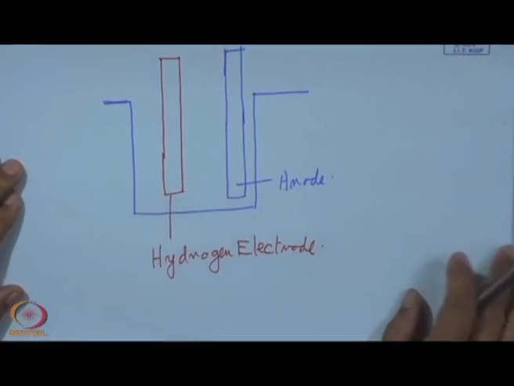We know that materials can be arranged according to their electrochemical potential. Materials with a high negative value are anodic in nature, that means they are prone to anodic action, and the materials with a high electrochemical potential, that means a high positive value, are cathodic in nature, that means they are inert to this reaction.